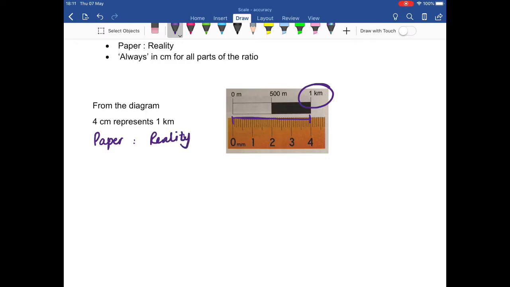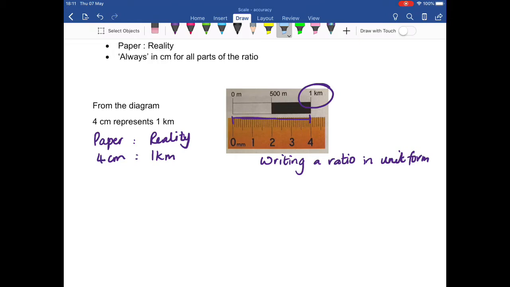Our paper was 4 centimeters. Reality was 1 kilometer. So this question of ratio is writing a ratio in unit form.